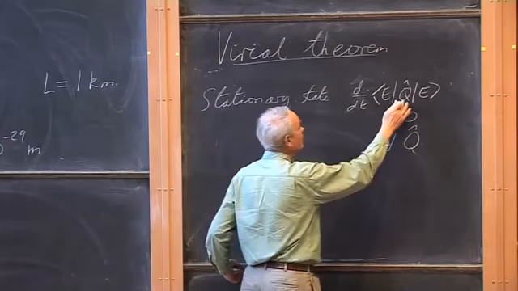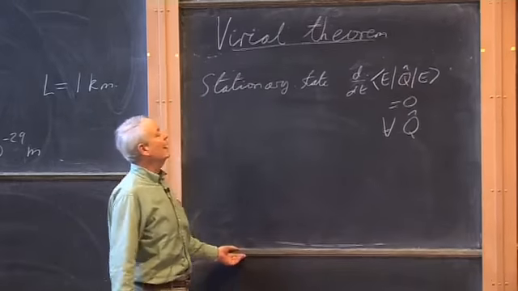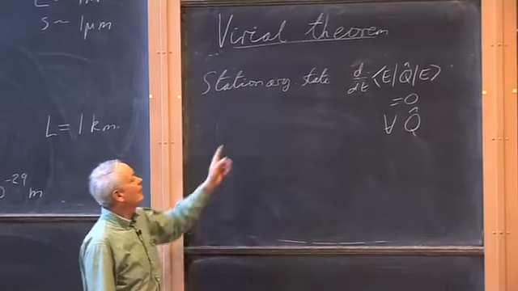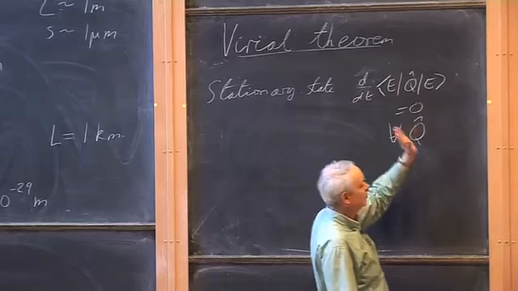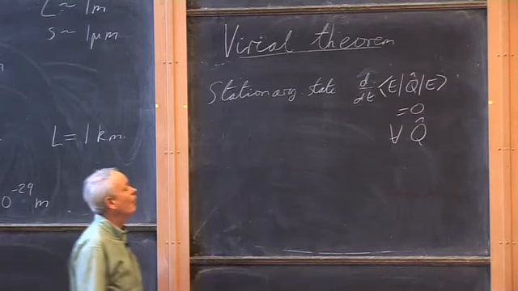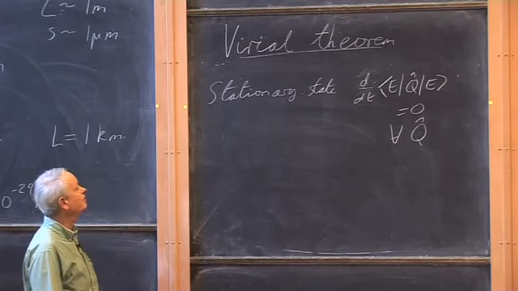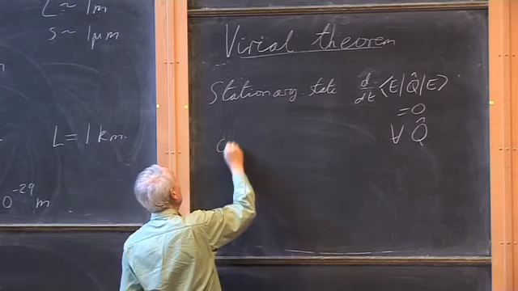So it's something like position, momentum, angular momentum, whatever. It has a vanishing rate of change with respect to time. It's a constant.